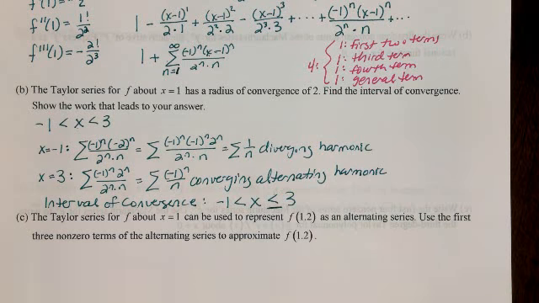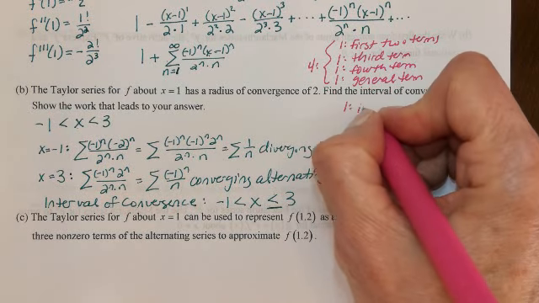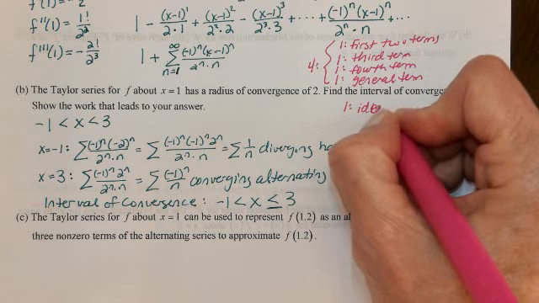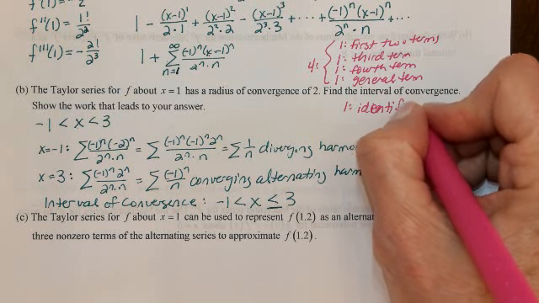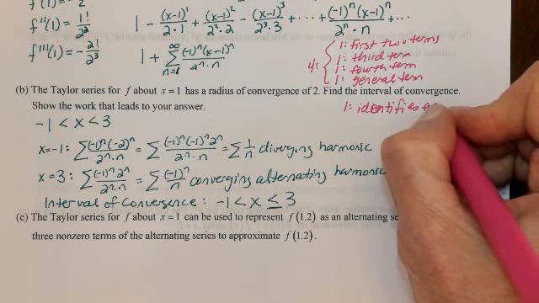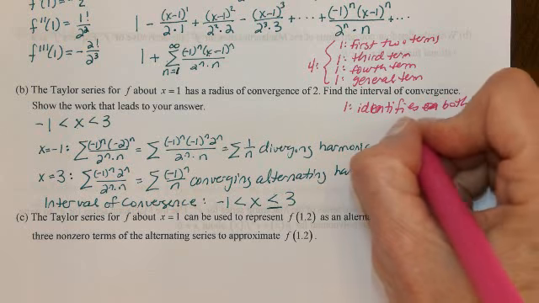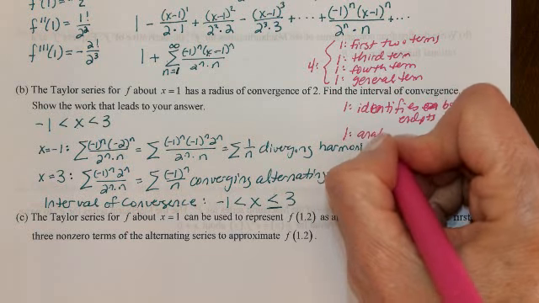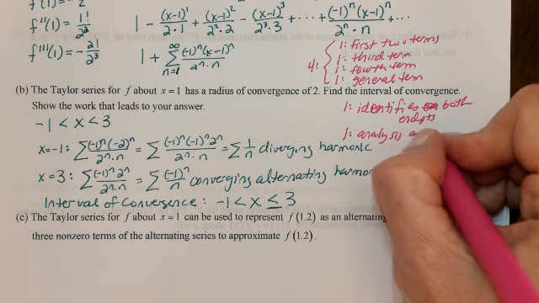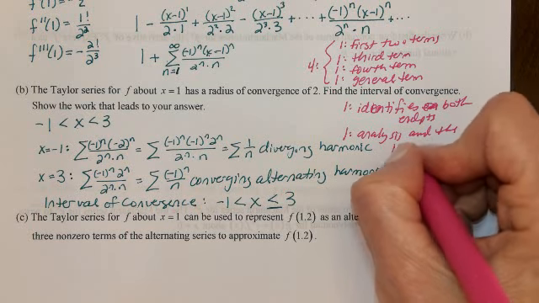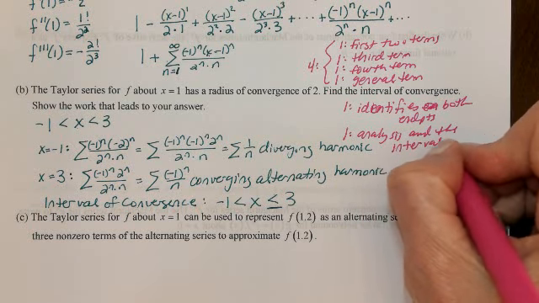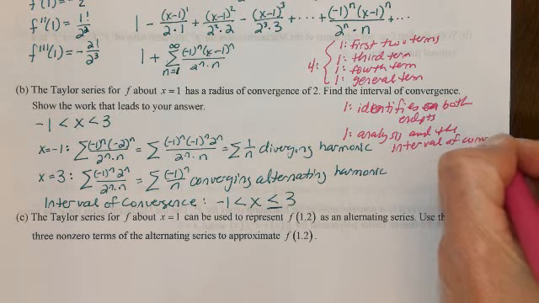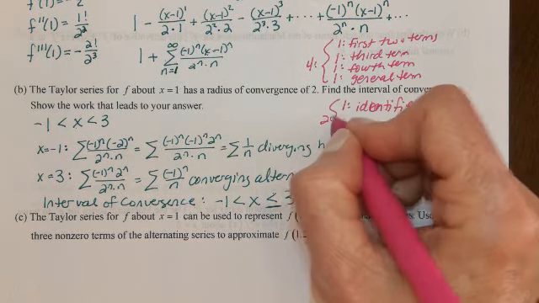This was worth 2 points: 1 point for identifying the endpoints, both endpoints, and 1 point for the analysis and the interval of convergence. So 2 points.